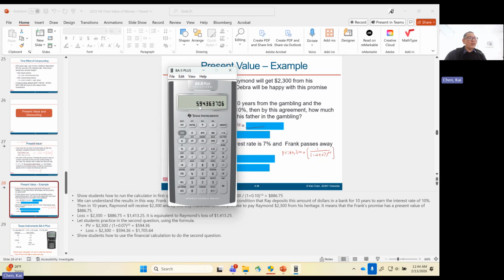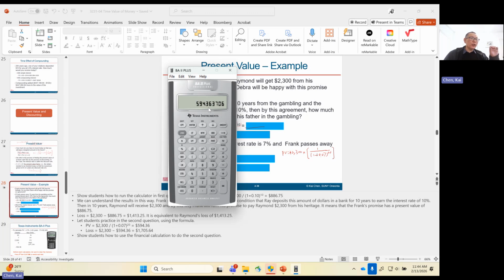In this case, you should not write this number on your paper, because when you write it down you would lose accuracy.